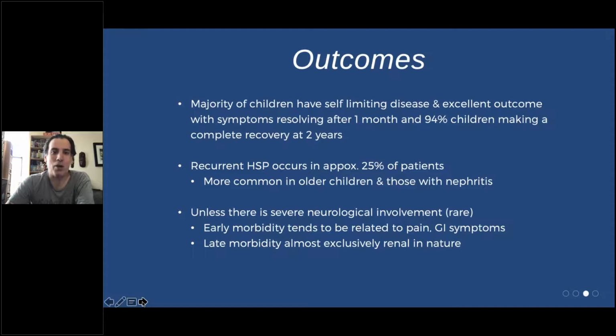The late morbidity is almost exclusively renal in nature, which is why we do the blood pressure and urine dip. Even though it has a good outcome, roughly 1 to 2 percent of end stage renal disease is due to HSP. So we do want to identify those children early, follow them up, and treat them.